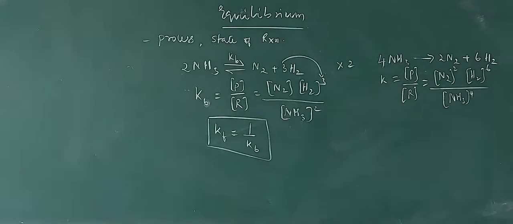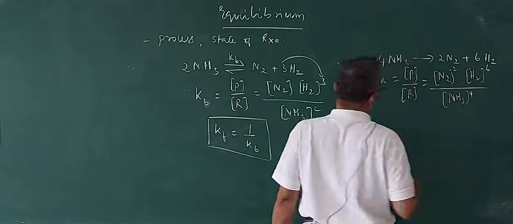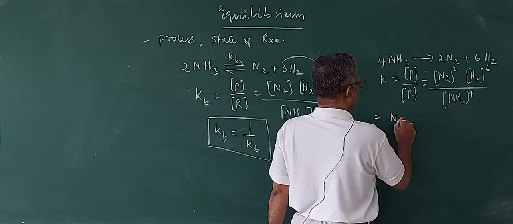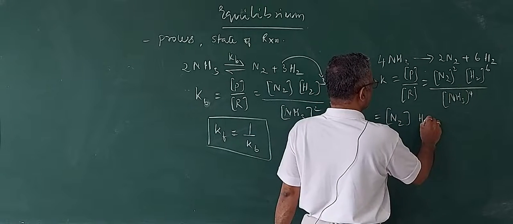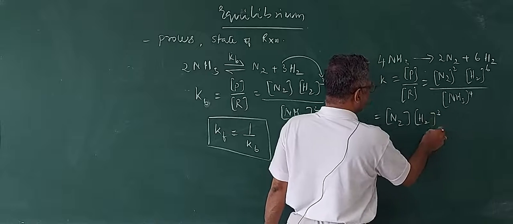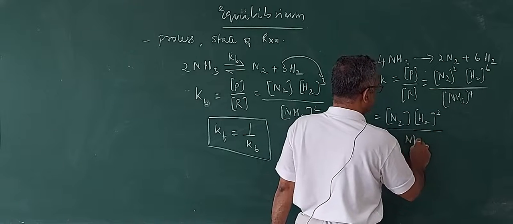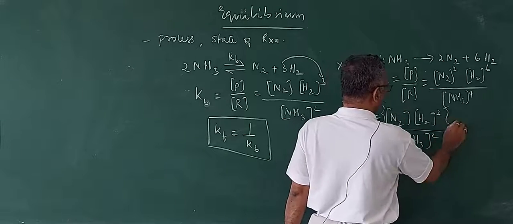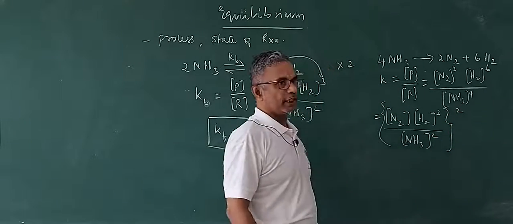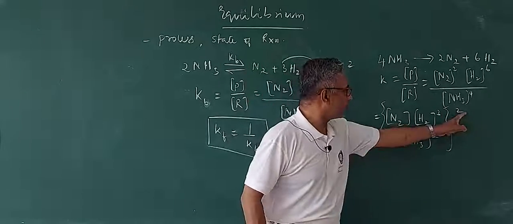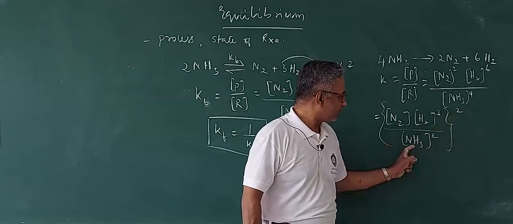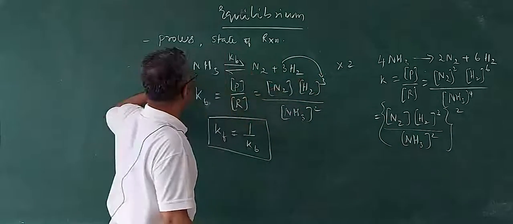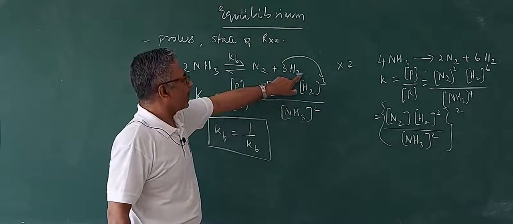Now, you can split this into the expression N2 times H2 whole cube divided by NH3 whole square. If you take the whole square of this, you will get N2 squared, H2 power 6, over NH3 power 4.